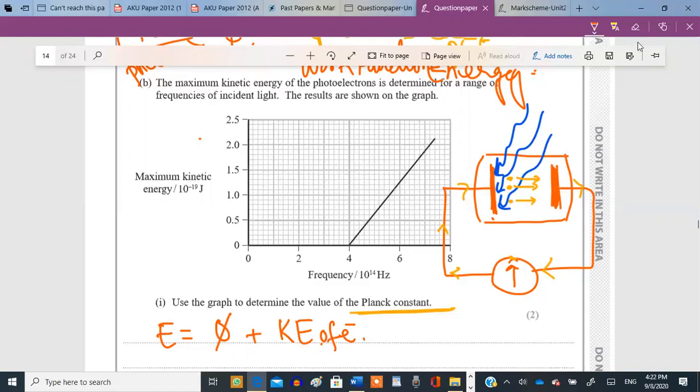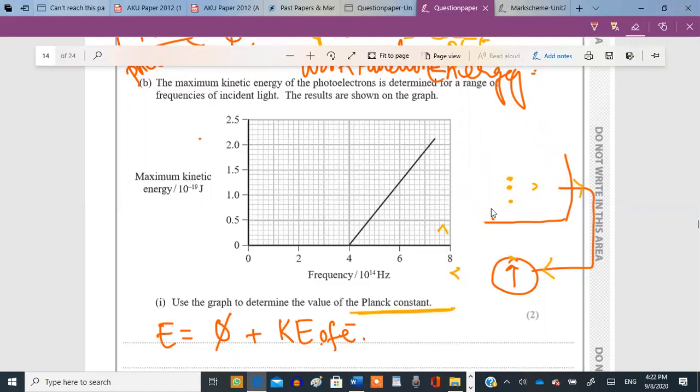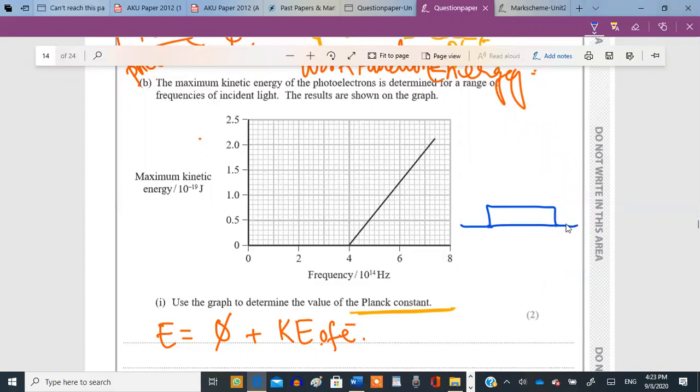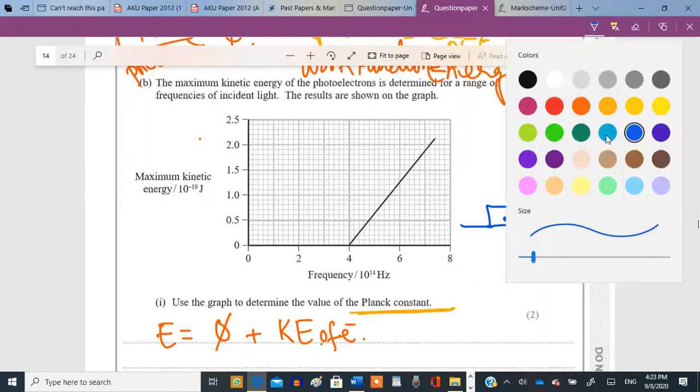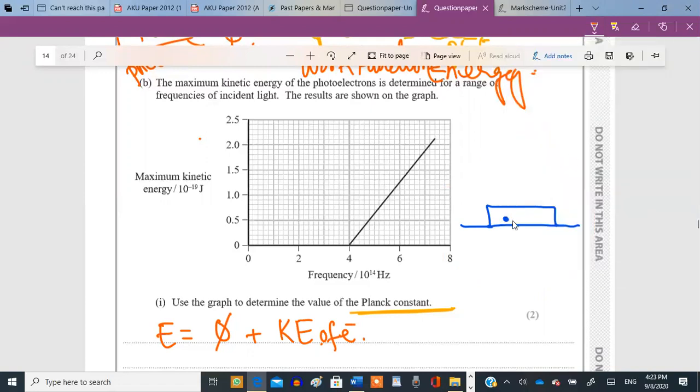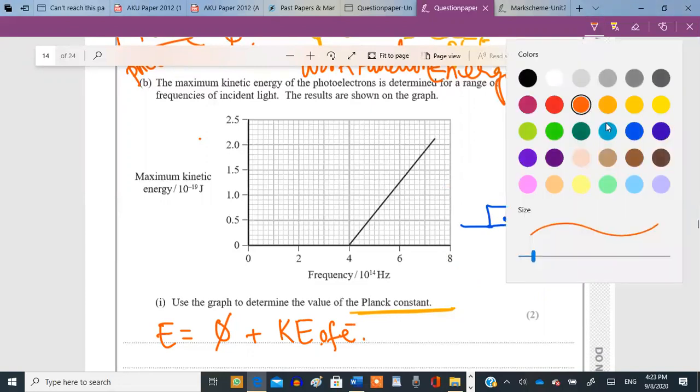Okay, what do I mean by this? Let me explain it over here. So for instance, if you have some electrons present inside the metal surface, then there would be some energy needed to move these electrons to the metal surface first, right?